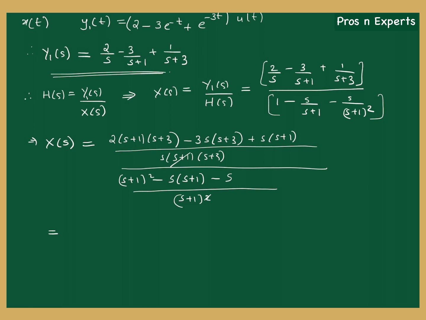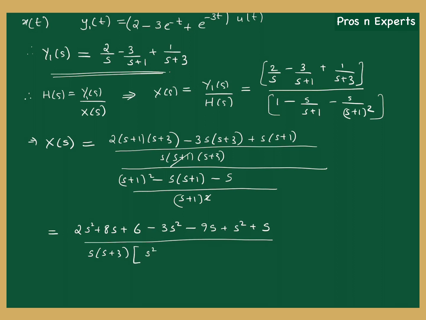So the numerator becomes 2 into (s square plus 4s plus 3), so 2s square plus 8s plus 6, minus 3s square minus 9s plus s square plus s, divided by, I can write it as s into (s plus 3) into, (s plus 1) the whole square is s square plus 2s plus 1 minus s square minus s minus s, into (s plus 1).